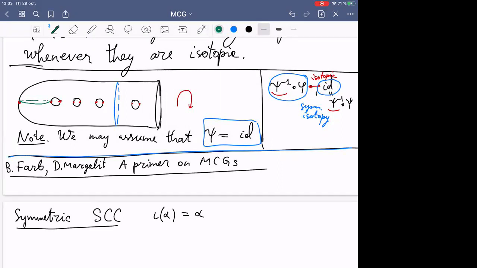Again, at the moment, I mean a curve, not an isotopic class of a curve. So a curve is just a subset of a surface, and we consider a curve which is taken to itself by the hyperelliptic involution. So this green curve is taken to itself by the hyperelliptic involution.